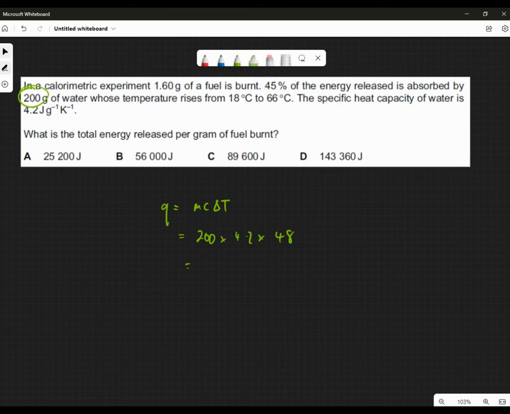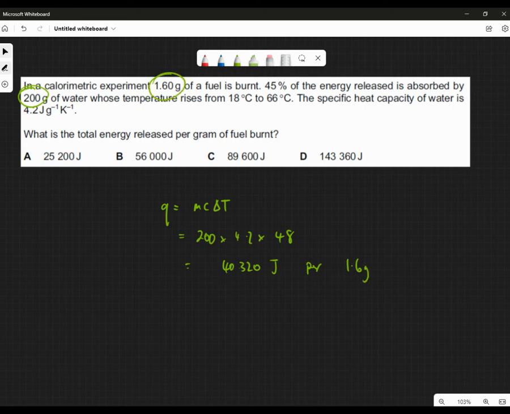Looks all right to me. So 200 times 4.2 times 48. I get 40,320 joules given off. Now that's per 1.6 grams, isn't it?